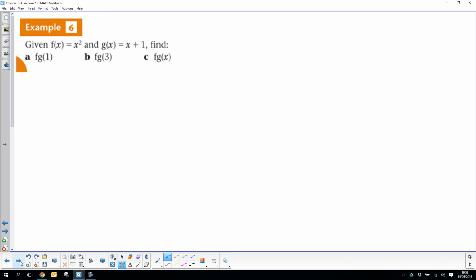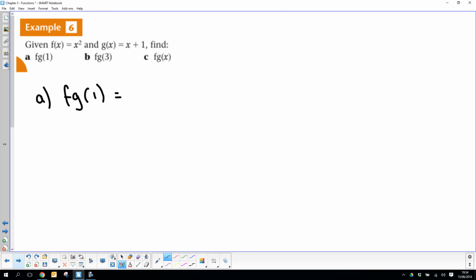So for part A, fg of 1 means take x is 1 and put that into each of the two functions. But the order is important. We need to do g first because that's closest to the bracket, and then we do the f function afterwards.